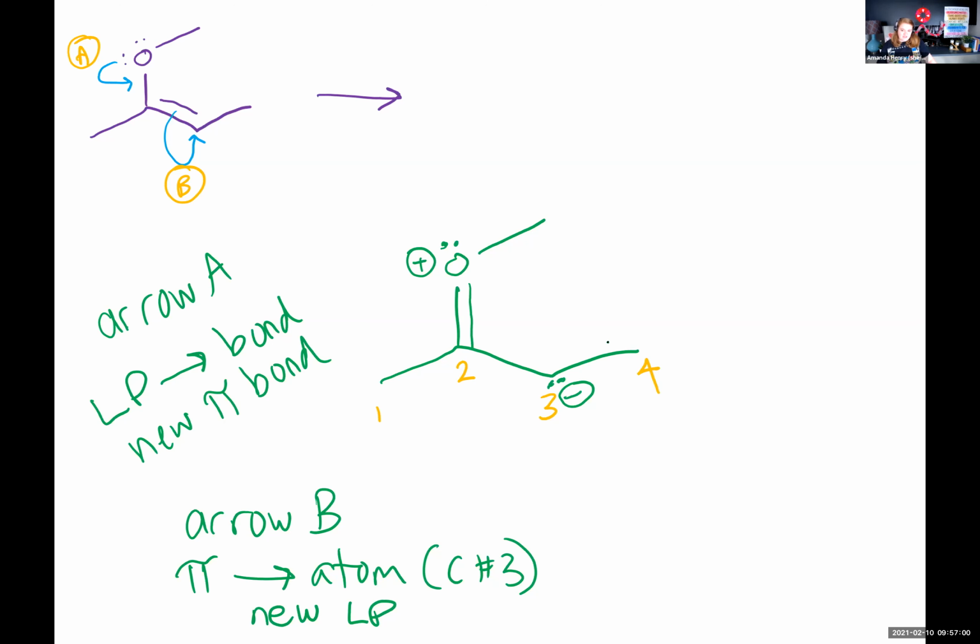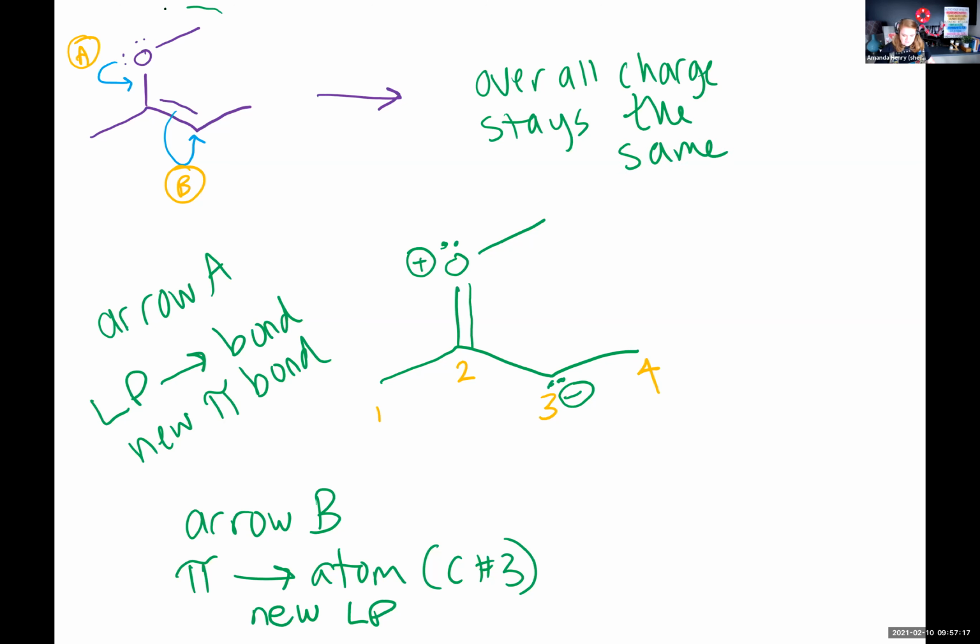One way to check your charges as you do this is that the overall charge can't change. Let me tell you what that means. Over here, our original structure was neutral. Nobody had a charge, so the overall charge was neutral.